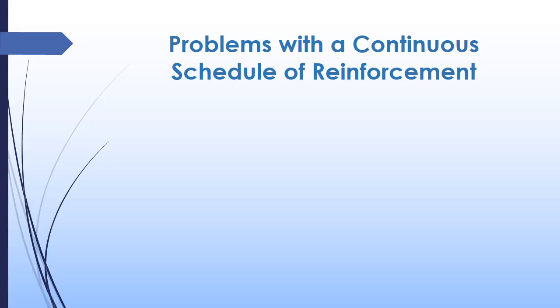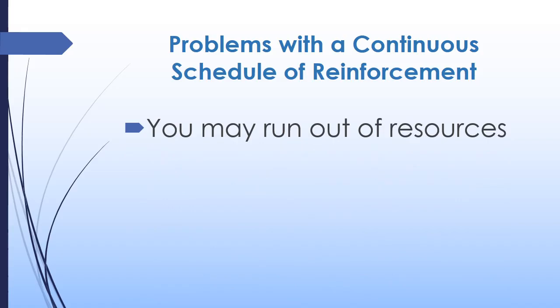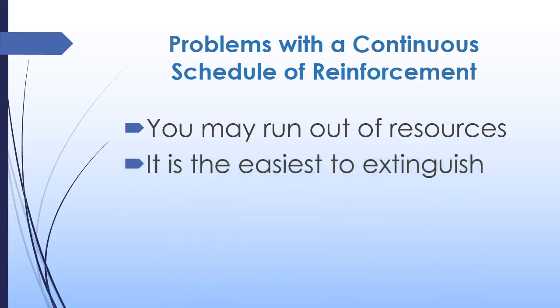There are problems with a continuous schedule of reinforcement, however. One problem is you may run out of resources. I might run out of treats if I give my cat a treat every time he sits. Or I may run out of money to buy treats because sometimes treats can be expensive. But an even bigger problem with a continuous schedule of reinforcement is that it is the easiest to extinguish.